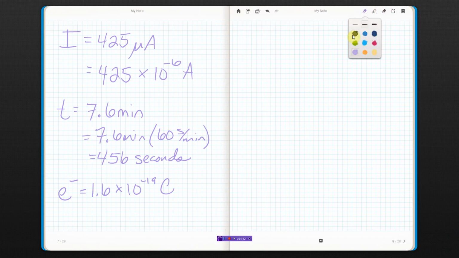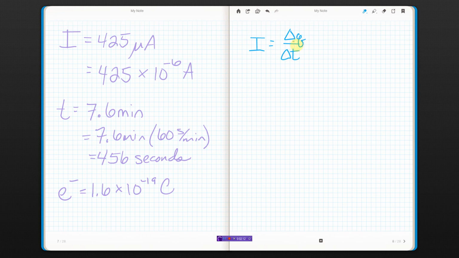If you think back very far or look at your orange sheet, the definition of current is delta Q over delta T. That is the amount of charge that passes by a cross-section in a certain amount of time.